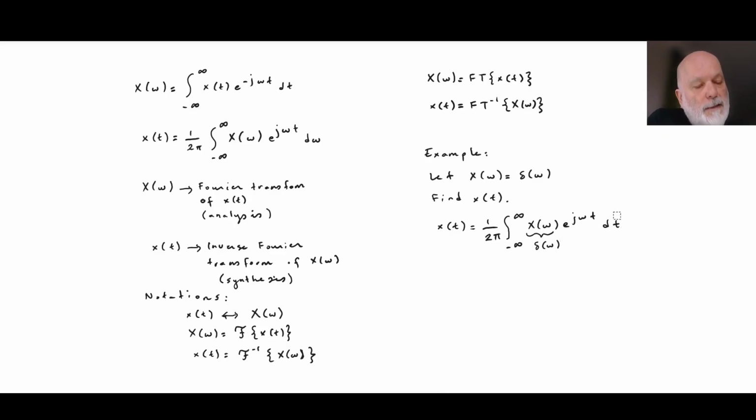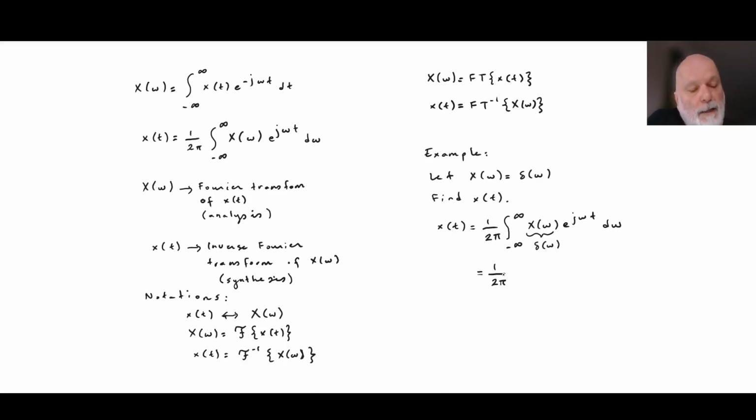Sorry, not t; the integral is with respect to omega, of course, in the inverse Fourier transform. So x of t is equal to 1 over 2 pi. It is a constant signal for all values of t extending from minus infinity to plus infinity.